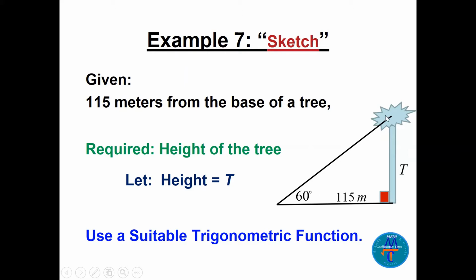That's the sketch. Now we need the height of the tree. You can say let the height of the tree be X or capital T or H, whatever you want. And then you can use suitable trigonometric functions. You can use sine 60, cosine 60, tan 60, but some of them are easy, some are not easy. You have to choose the suitable one.